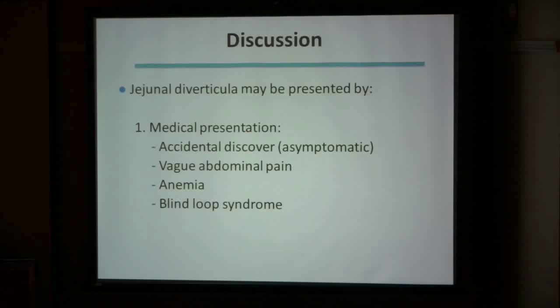on the 7th day. Now, jejunal diverticulosis may present with medical presentations, as seen by the physician: it may be discovered accidentally or be asymptomatic, may present with vague abdominal pain, or with anemia due to malabsorption or blind loop syndrome.